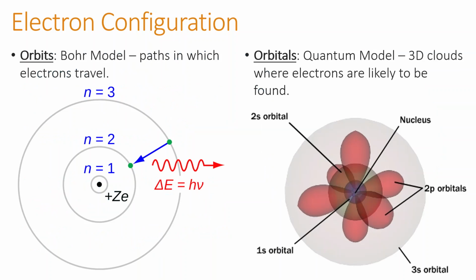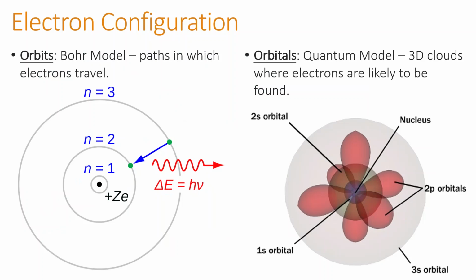So orbits are what we had in the Bohr model. These are the paths in which electrons travel. And according to the Bohr model, electrons move between these energy levels by absorbing or emitting energy. Sometimes that energy is in the form of visible light, like you saw in your flame test lab. So that is still accurate.